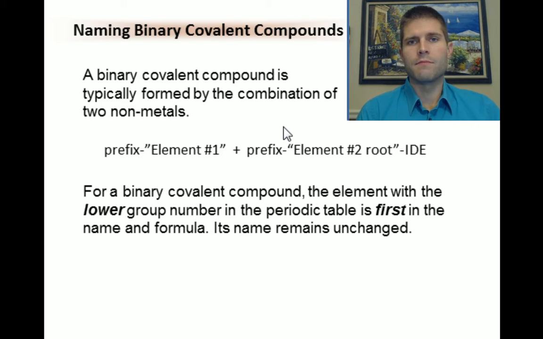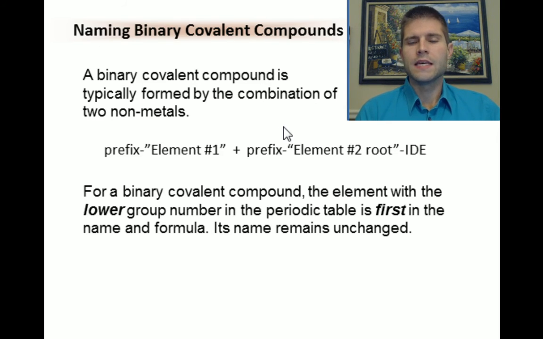If you are dealing with a binary covalent compound, covalent molecule, the element with the lower group number is written first. So if we were looking between carbon and oxygen, carbon is group number 4, oxygen is group number 6. So carbon clearly has a lower group number than oxygen. Carbon is written first. That's why we can write carbon monoxide and the carbon is written first.